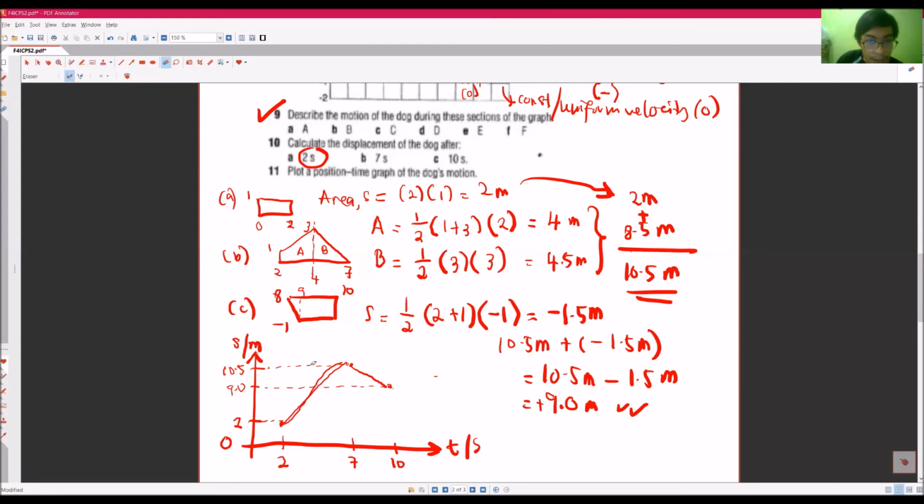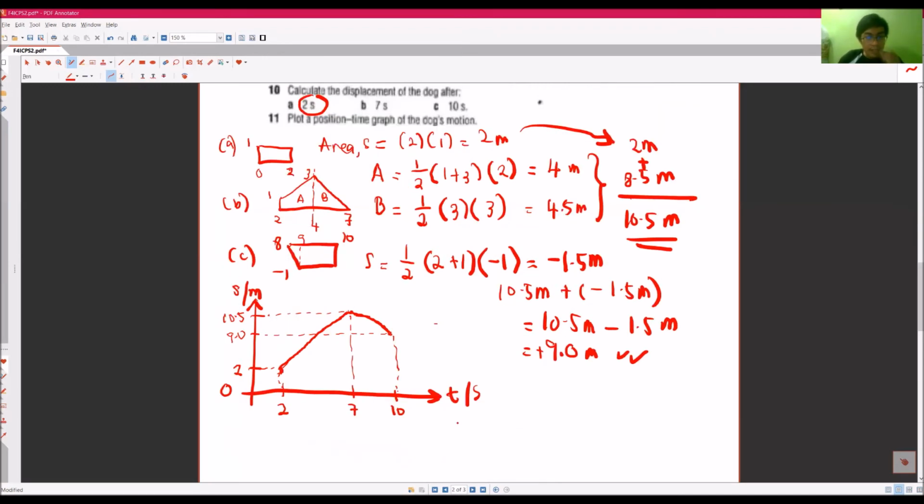Sorry, then it's prettier. It's actually curved, but we can make it approximately. Yeah, that's good enough. Okay, let's move on to the next question.